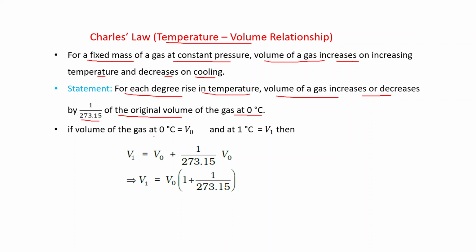If the volume of the gas at 0 degrees Celsius is V0 and at 1 degree Celsius is V1, then we can write V1 is equal to V0 plus 1/273.15 multiplied by V0, and V0 is common, that's why V1 is equal to V0 (1 plus 1/273.15). This is the volume at 1 degree Celsius.